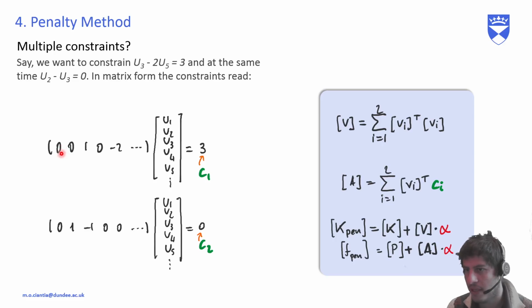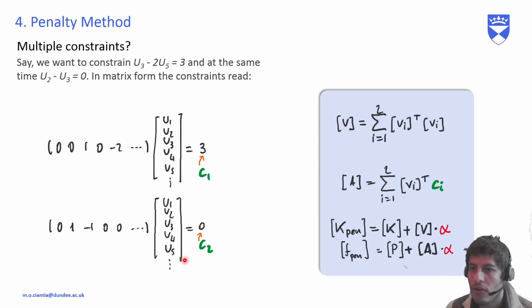Basically, we have 0 times U1 plus 0 times U2 plus 1 times U3, minus 2 times U5 is equal to 3. And then the second one would be 0, 1 times U2 minus 1 times U3 is equal to 0. Okay? And C1 and C2 are these constant values that we impose.